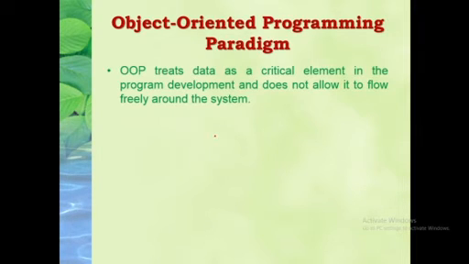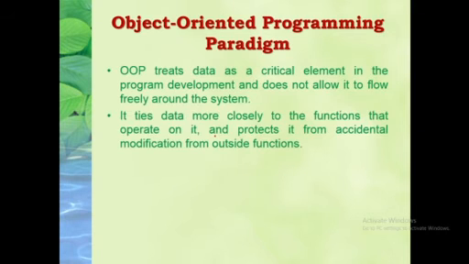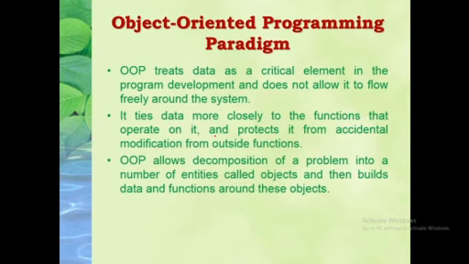The master of the program is the data, not the function. It's a bottom-up approach. The whole paradigm is to tie the data closely to the functions that operate on it, and it protects against accidental changes by outside functions.